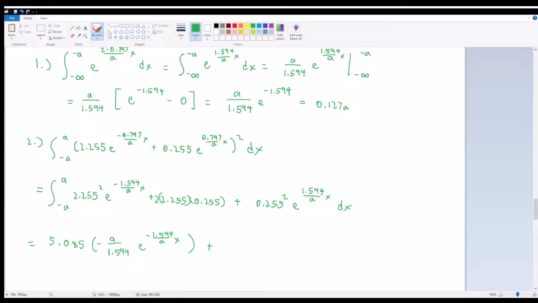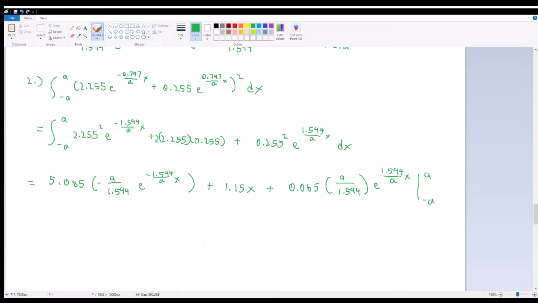This is 1.15, and then we're multiplying by x, because we're integrating this. And then finally, 0.255 squared is going to be 0.065 times a divided by 1.594 e to the 1.594 over a times x. Evaluated from negative a to a. So everything here is evaluated from positive a to negative a.